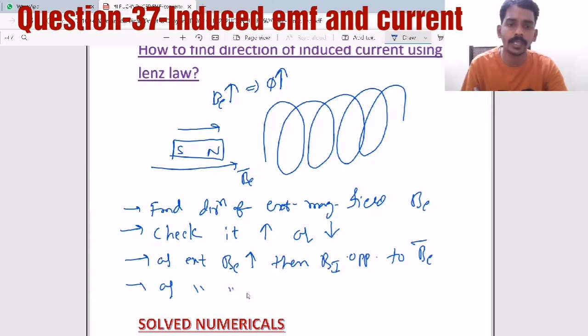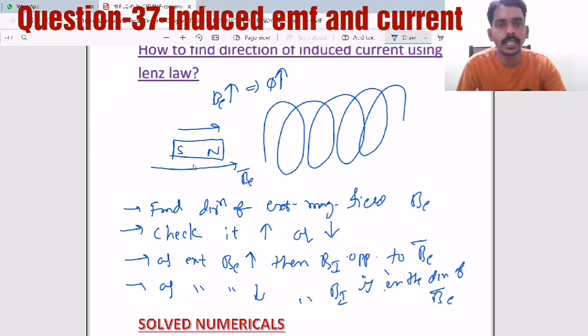As external B decreases, the induced field is in the direction of B external. Here in the given case, B external is increasing and rightward, so the induced field will be leftward because it tries to oppose it.